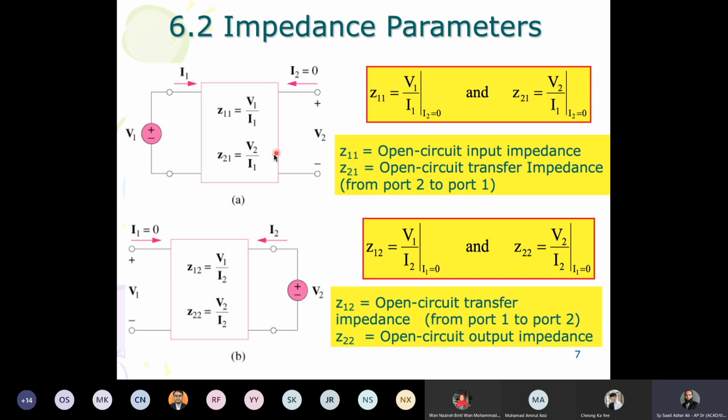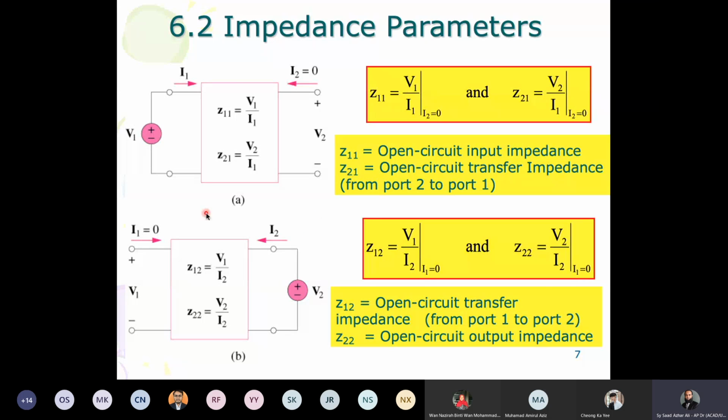We'll find an expression that contains V2 and I1. Since this is equal to 0, this means this is open circuit. And since this is open circuit, we are looking at something inside here, which is parallel to this open circuit, and we'll find the relationship. This is called the transfer impedance, from port 2 to port 1. Looking from this side, but still open circuit.